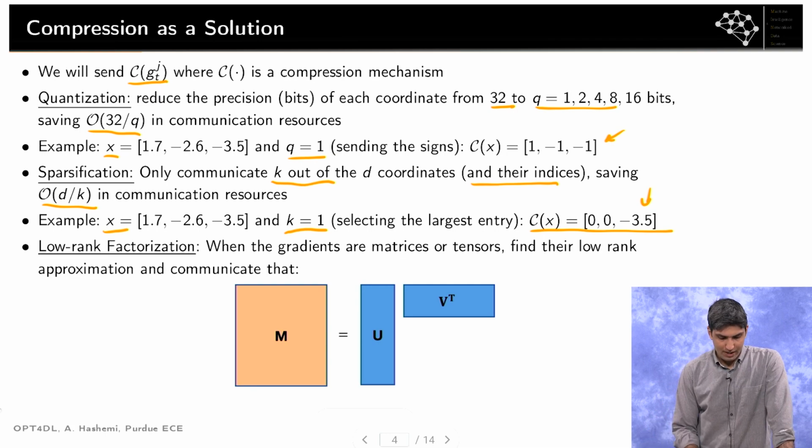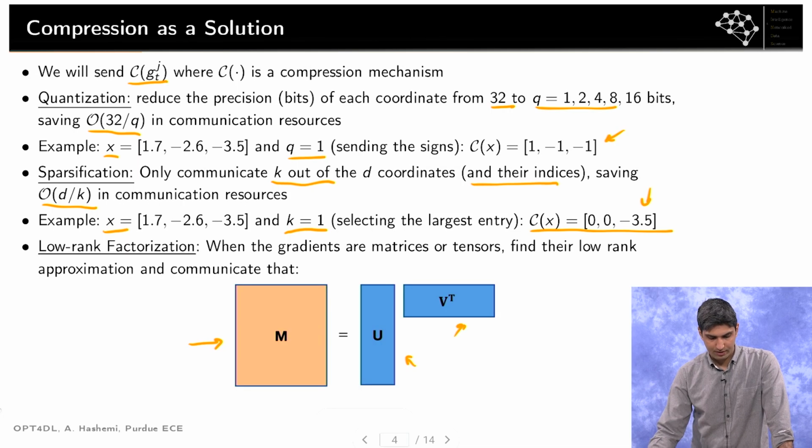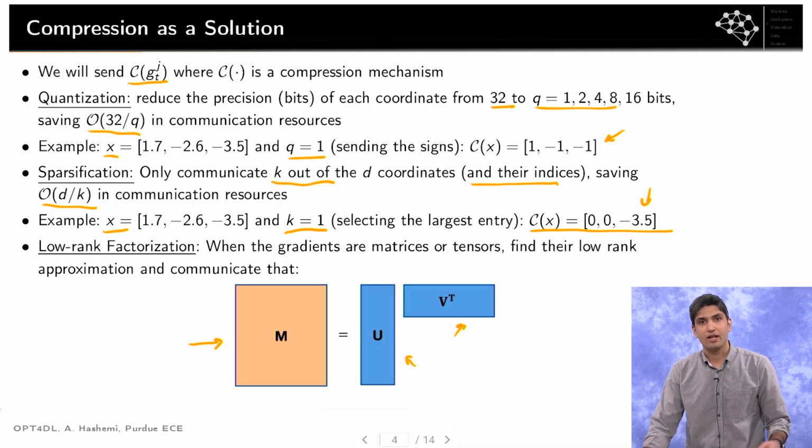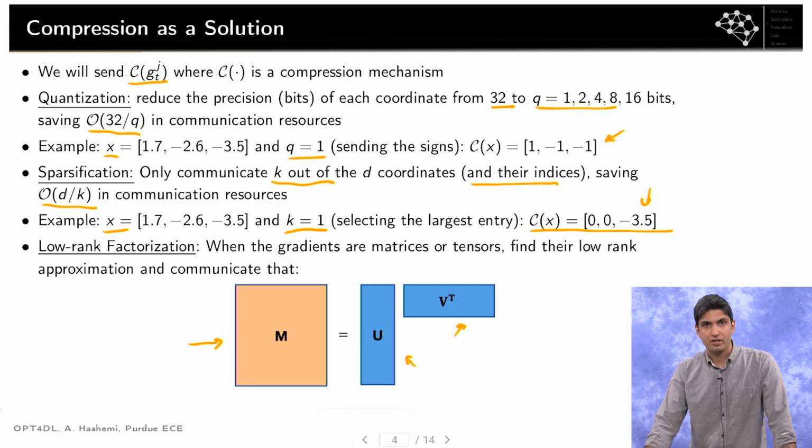Okay, so therefore what we can do, let's say, is that if I have a matrix like this, I can find its factorization with, let's say, a very tall matrix U here, and sort of like a very fat matrix V transpose. I only communicate U and V. So naturally, as you can see, M has a lot more entries than the combination of U and V. So therefore, if I find this low-rank factorization, I would be able to save a lot on the communication resources.